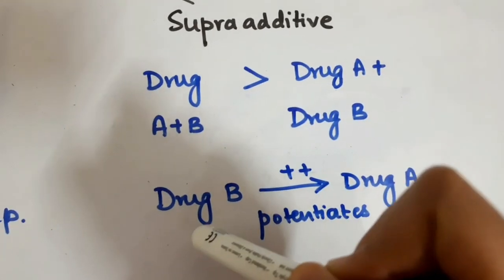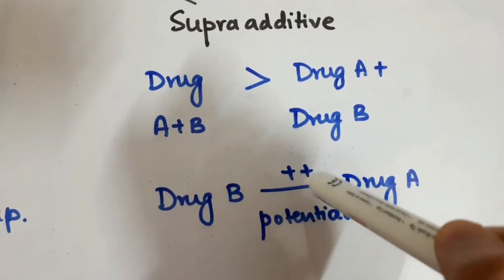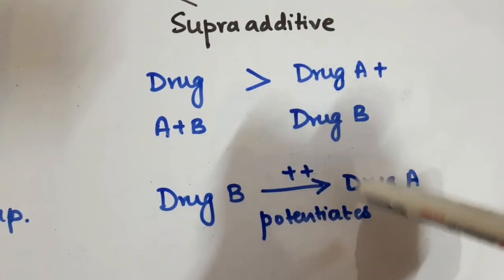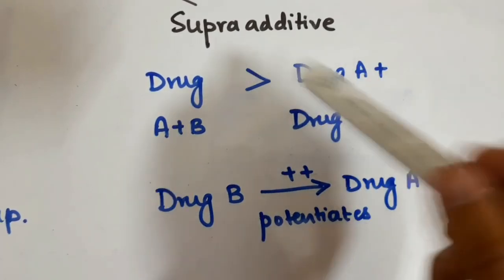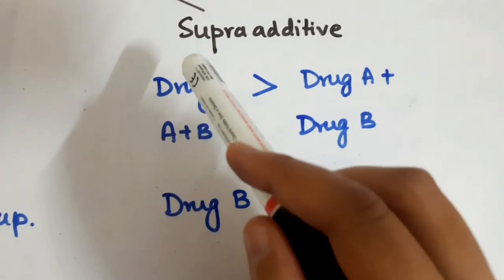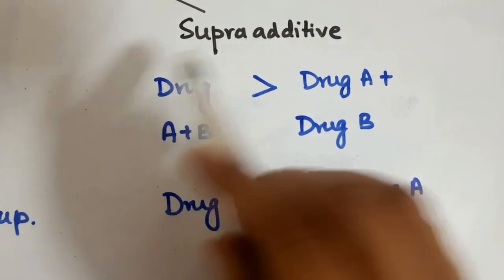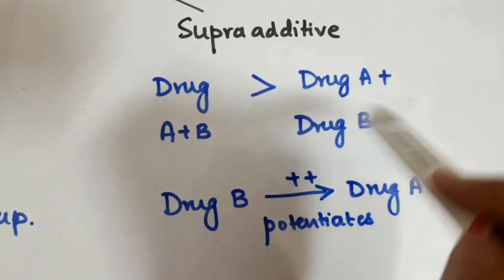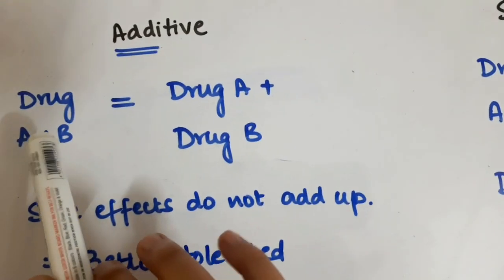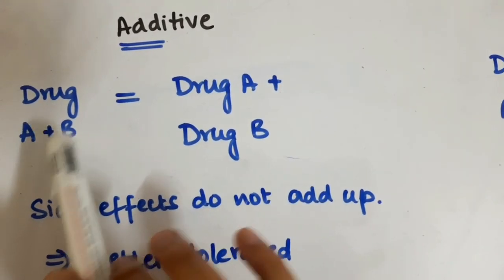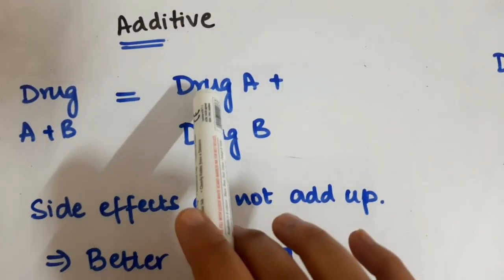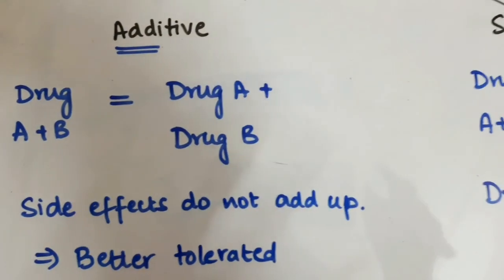Let's say drug B will potentiate the action of drug A even more. So that is why we get a supraadditive effect. Supraadditive is when the effect of drugs A and B together is much more than the effect of A plus the effect of B. And additive is when they simply add up, so the effect of A and B is equal to the effect of A plus the effect of B.